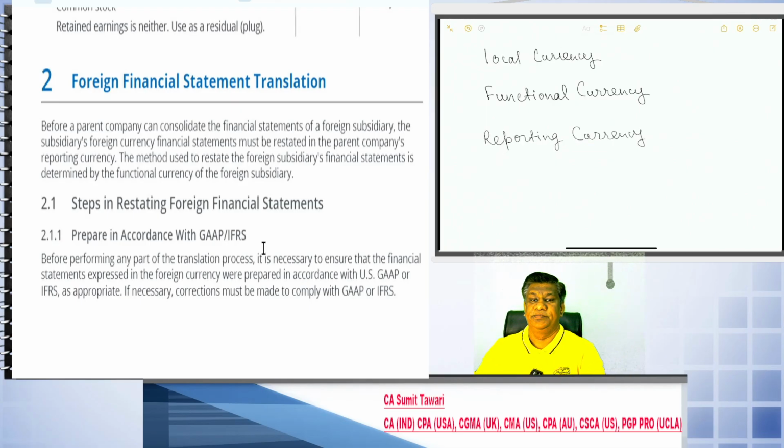So local currency is basically the currency in which we prepare the standalone financials.